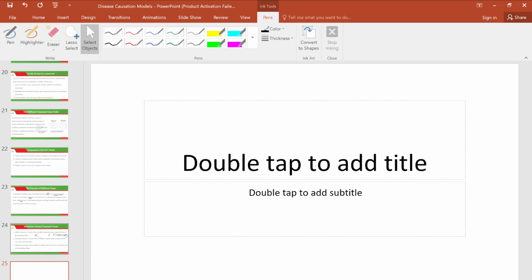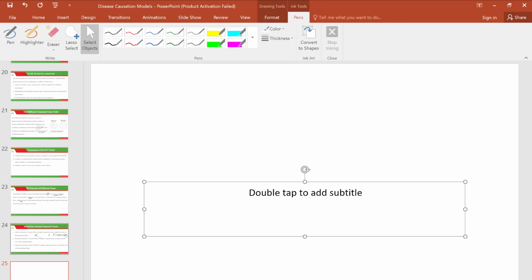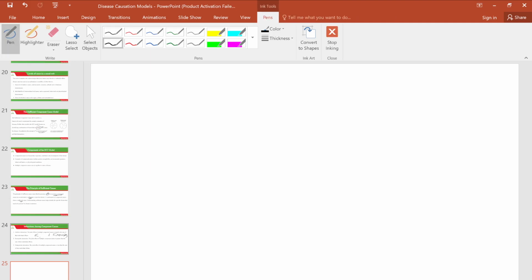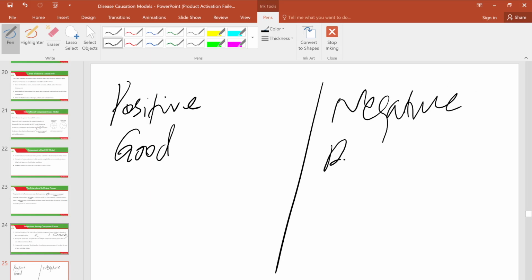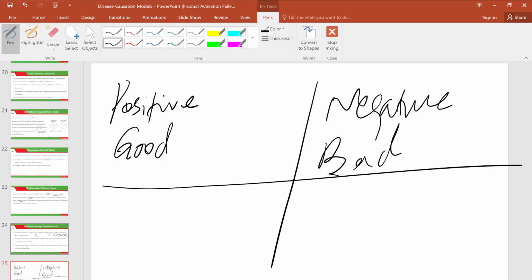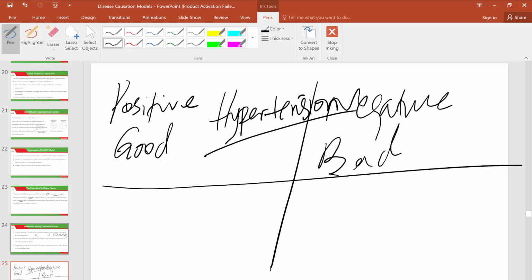So you have a situation where we have positive factors, which I'm calling positive because they are good for health, and then the negative factors, which are bad for health. Let's look at this. We are looking at hypertension.